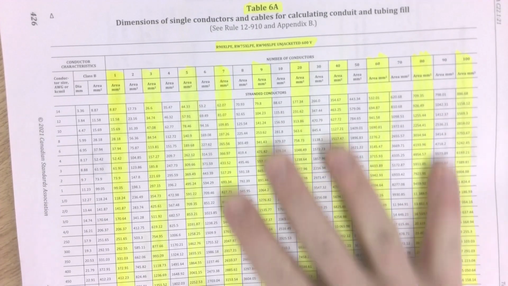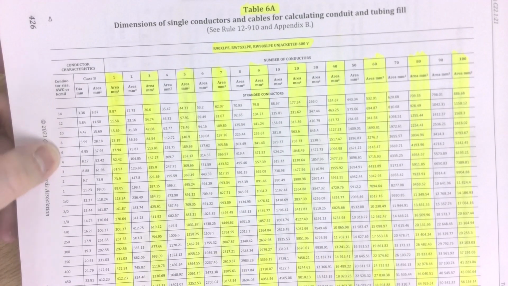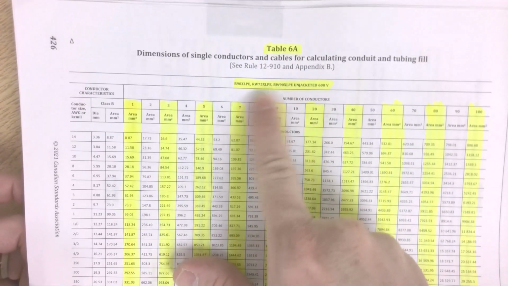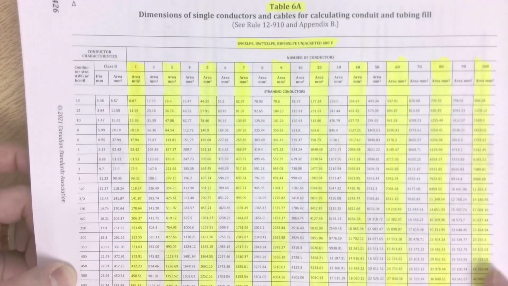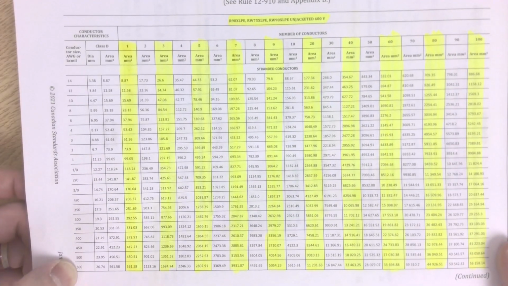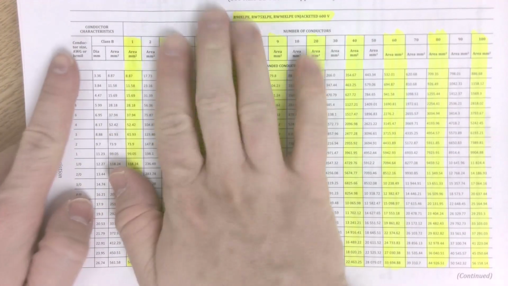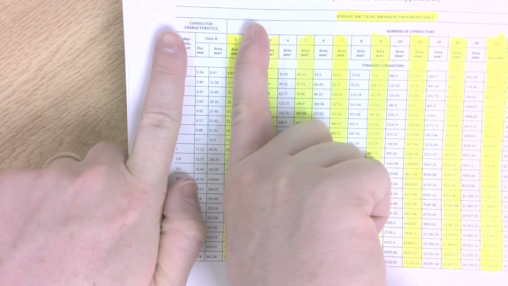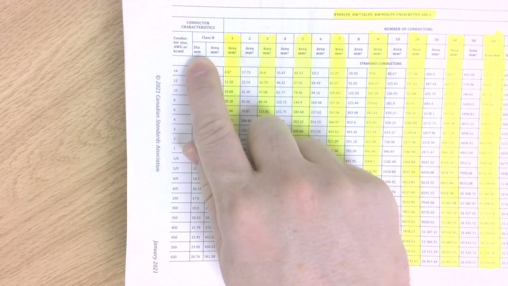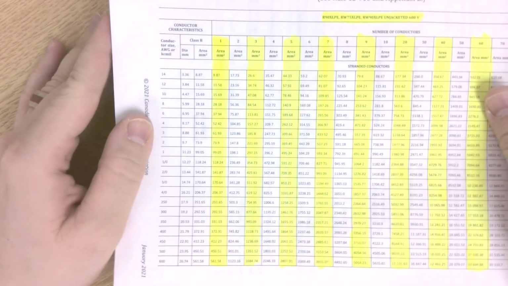And then it's going to break it down into our different sizes. In this first column, we have our variety of sizes of these types of insulated conductors. And so we go from 14 gauge down to 600 kcmil, and then there's more on the other side. This first column here is giving me area and diameter. Now, I care more about the area for these questions we're going to be doing here.